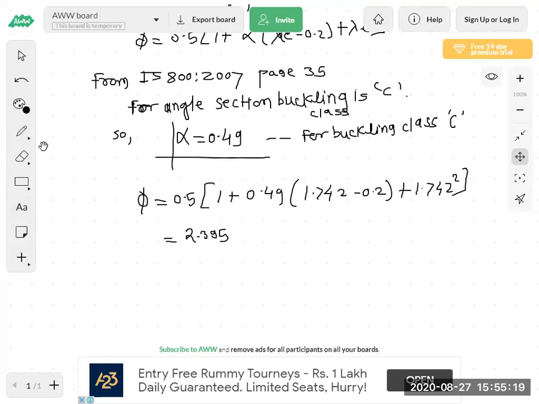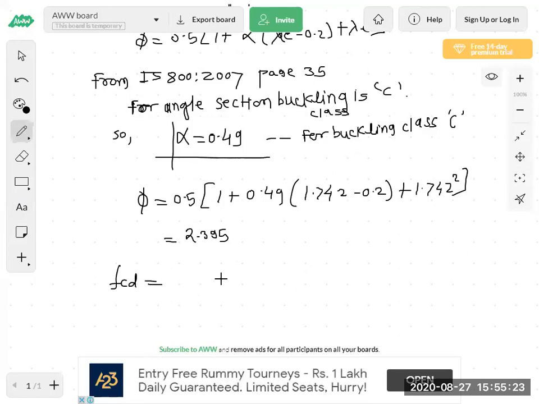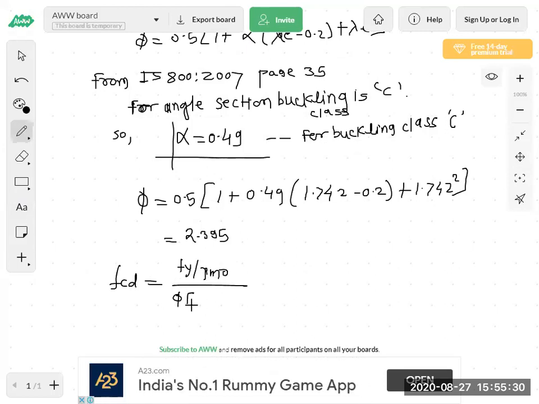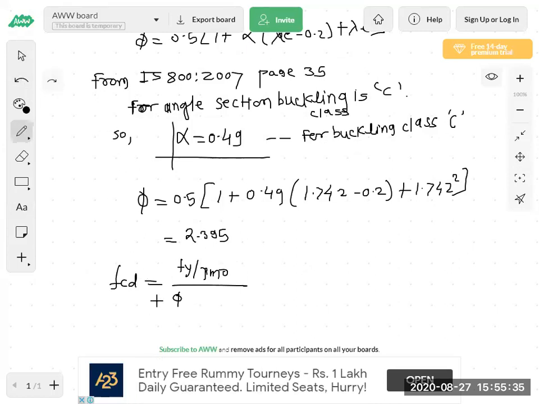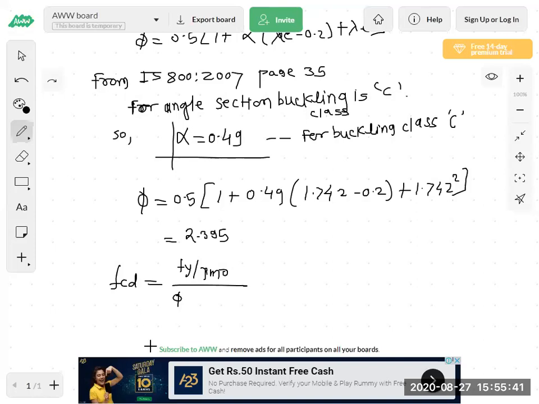Okay, so we got phi. Now we can calculate FCD. FCD is equal to Fy divided by gamma m naught, divided by phi plus under root of phi square minus lambda e square.